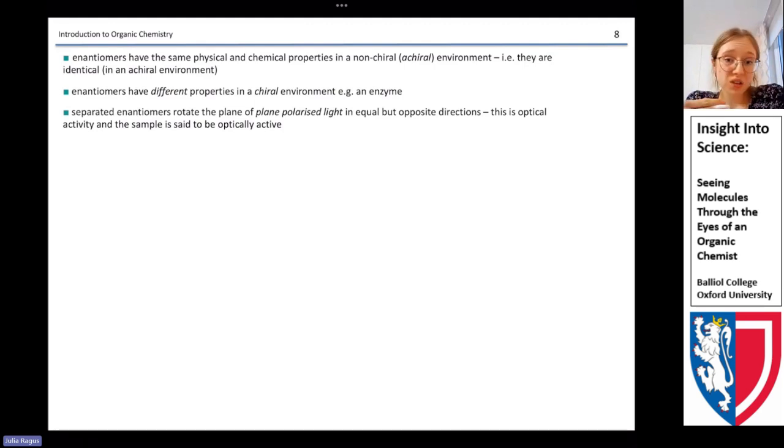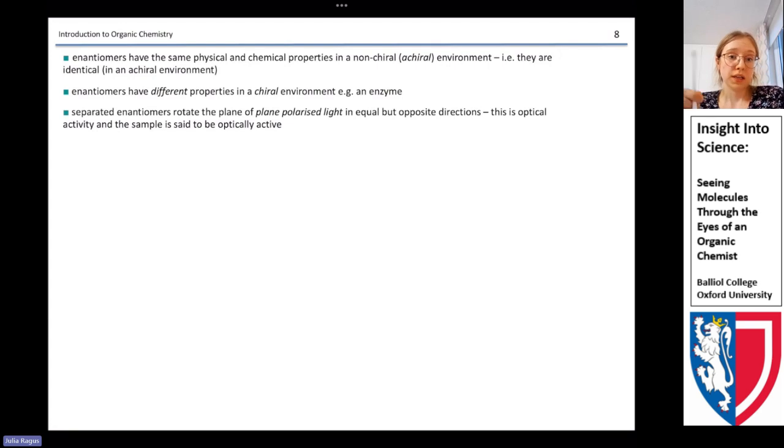How chemists usually try to distinguish the enantiomers when they are in this beaker: we usually try to see how they rotate the plane of plane polarized light. And enantiomers rotate the plane of plane polarized light in equal but opposite directions, and it is called optical activity or optical rotation.